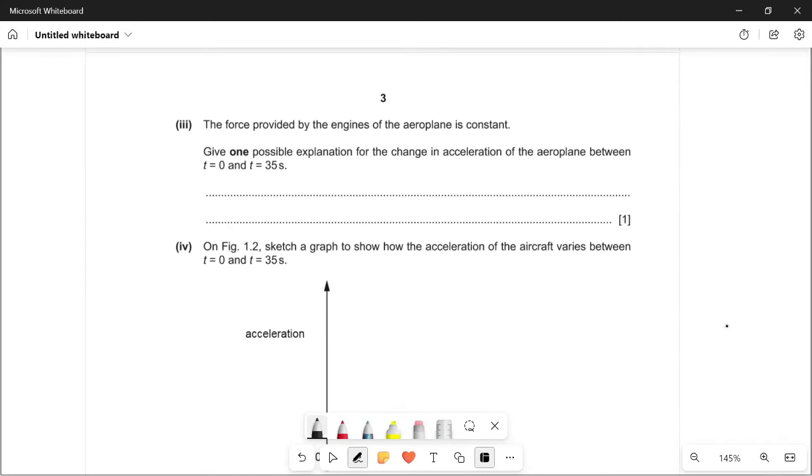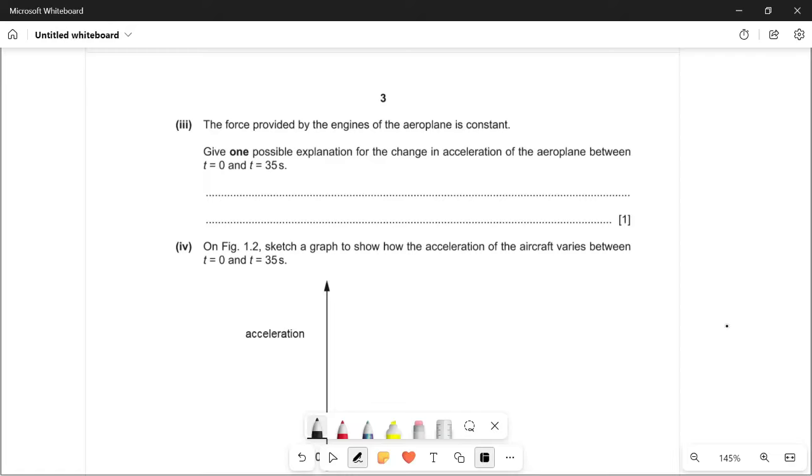The next question, the force provided by the engines of the airplane is constant. Give one possible explanation for the change in acceleration of the airplane between t equals 0 and t equals 35 seconds. One of the reasons could be the change in air resistance, because if the air resistance decreases, the speed of the plane is going to be increasing.